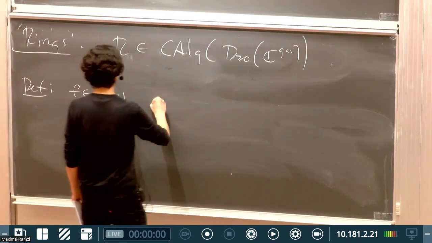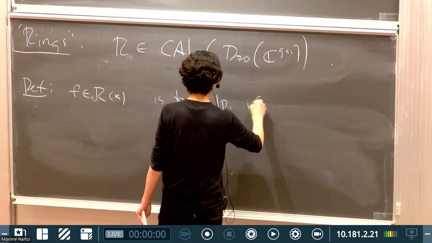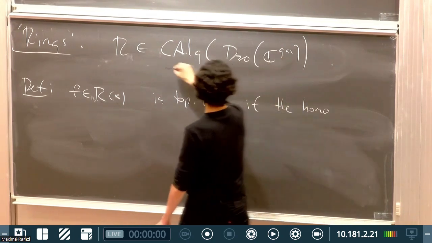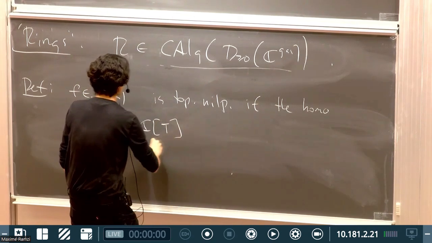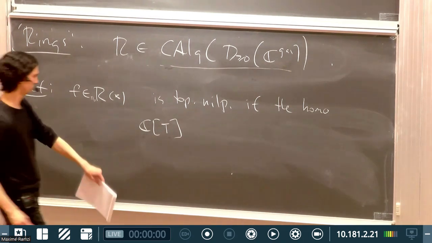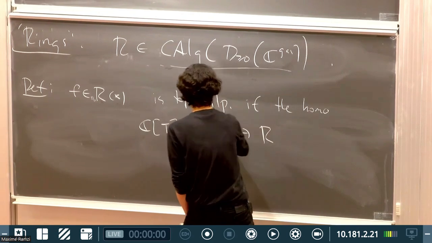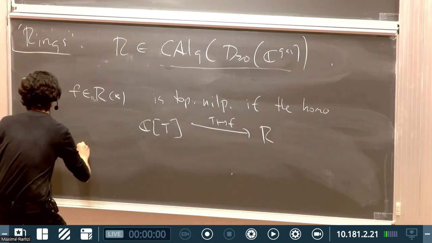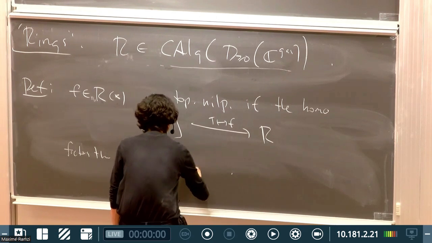Anyway, such an element F is called topologically nilpotent if the homomorphism, and that's a map in this category, from the polynomial ring C[T], which is just a countable direct sum of copies of C as usual, to R, which sends T to F, factors through the map from this to this free null space.